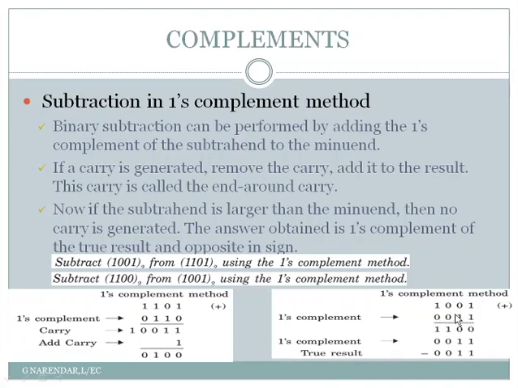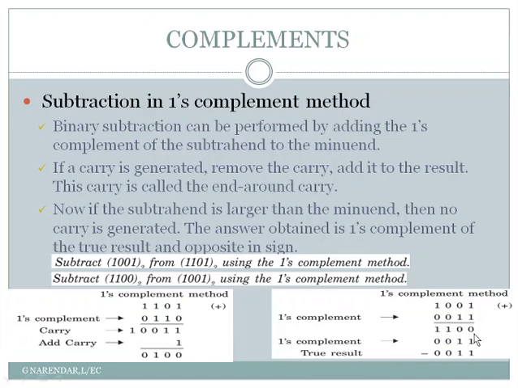And now add this ones complement of the subtrahend to the minuend. So 1 plus 1 is 0, carry 1; 1 plus 1 is 0, carry 1; and 1 here, and 1 plus 0 is 1. Here you can observe that there is no end around carry, so the result is in ones complement form.